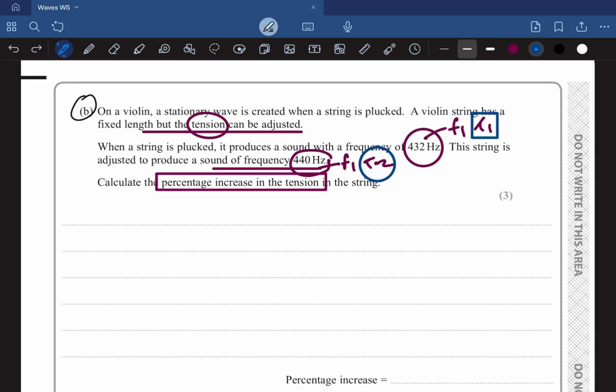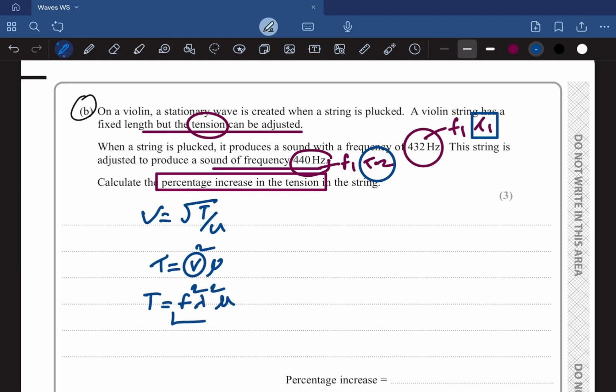We know the only formula which relates the tension with the speed is v is equal to root over tension by mass per unit length. And now we will have to make tension the subject, so it becomes v squared mu, right? And we know the formula of v is f lambda, so we can say T is equal to f squared lambda squared mu, right?